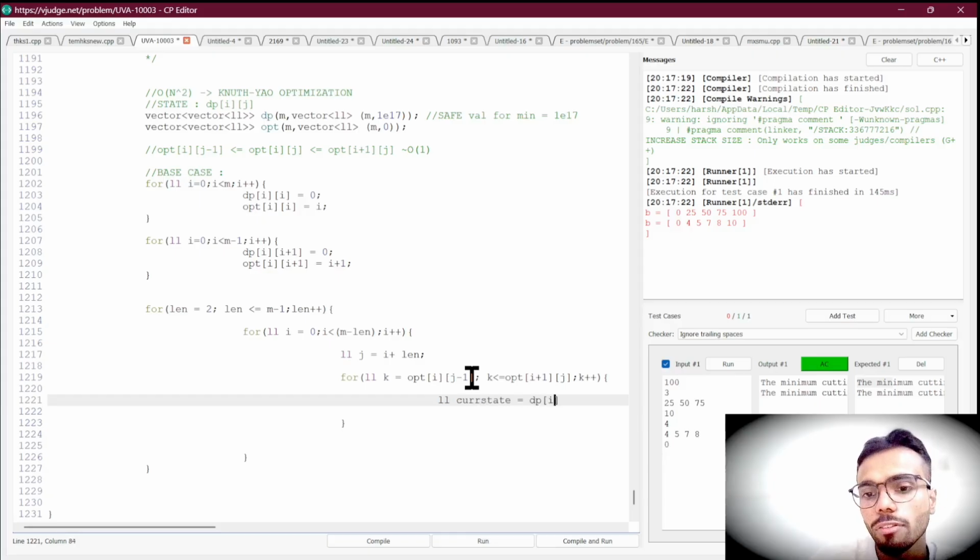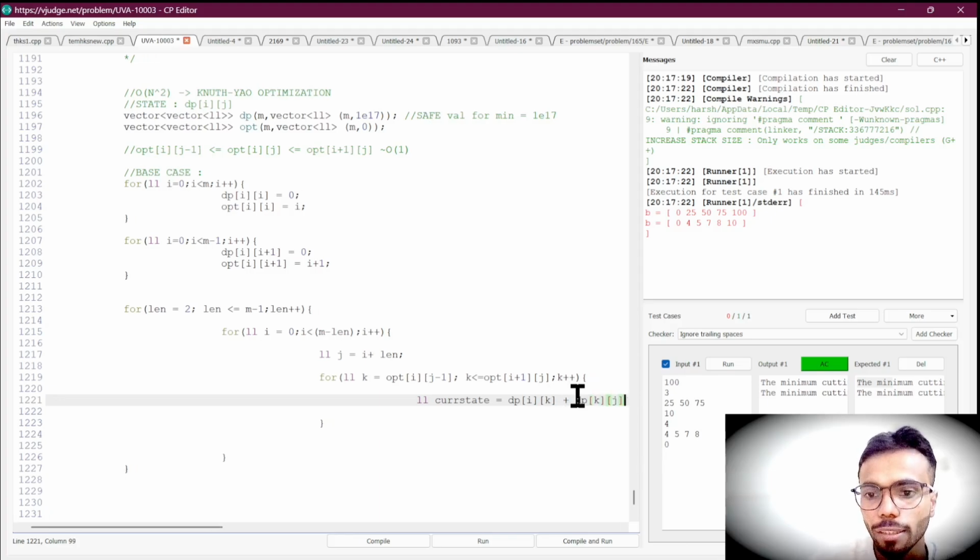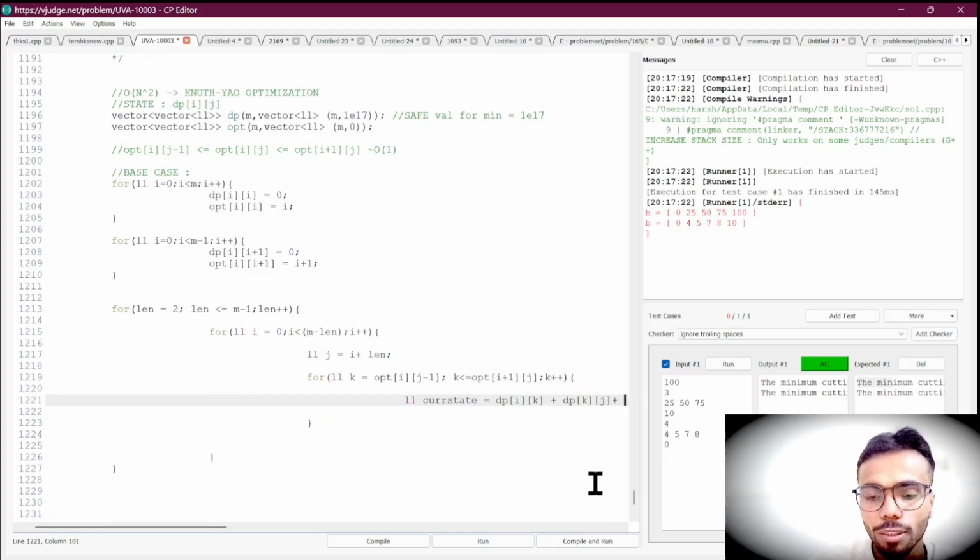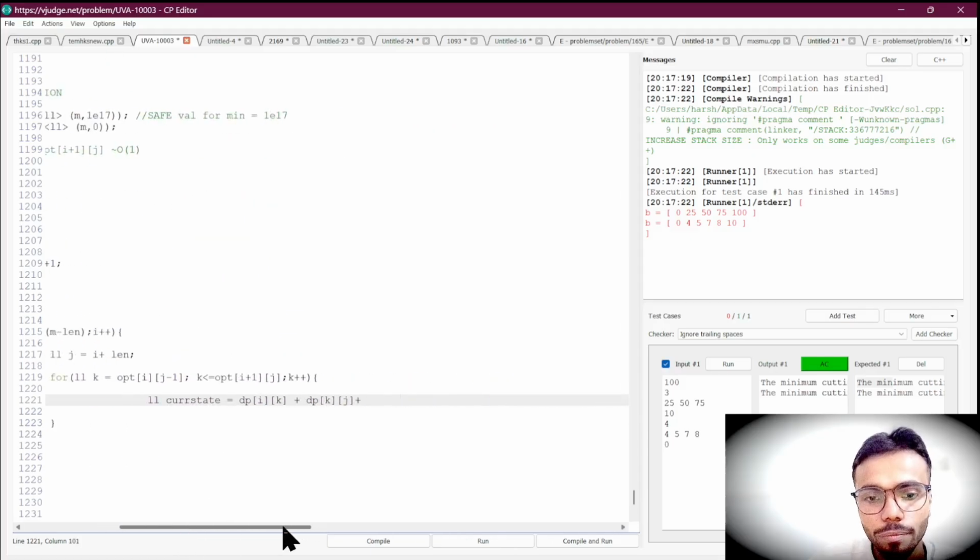So what is the current state? That is of the first one, let's say i to k, and then k to j. k can be shared because it is a boundary. If it's a real item, k cannot be shared, right? Plus the cost. And what is the cost here? The cost is basically b[j] minus b[i], that is the element we are taking.